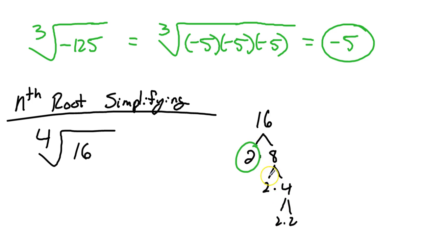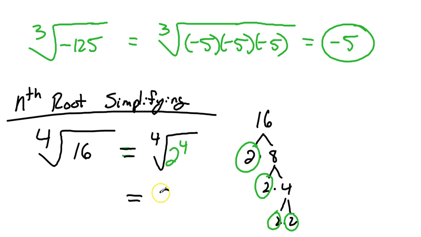So you're multiplying 2 times 2 times 2 times 2. So 16 would be the same thing as 2 to the 4th. And once you've got 2 to the 4th power and it's to the 4th root, the 4's cancel each other out. And then you get 2 for your answer.